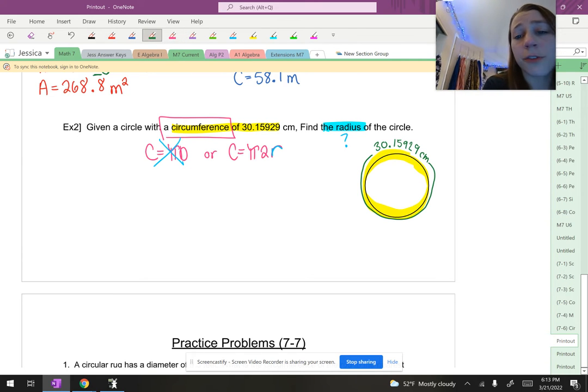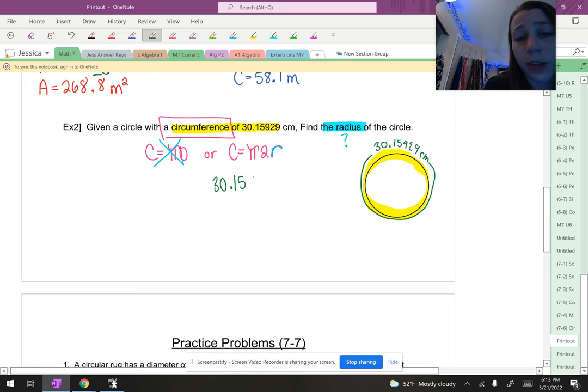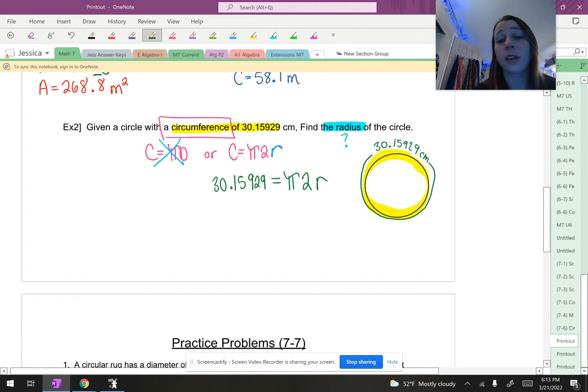Okay, so in for the circumference, we have that 30.15929 equals pi stays pi, 2 stays as 2, and r actually stays as r because that's the piece that we're looking for.